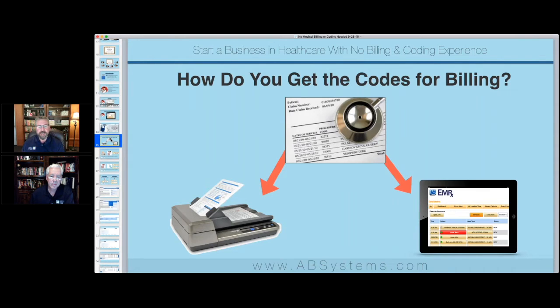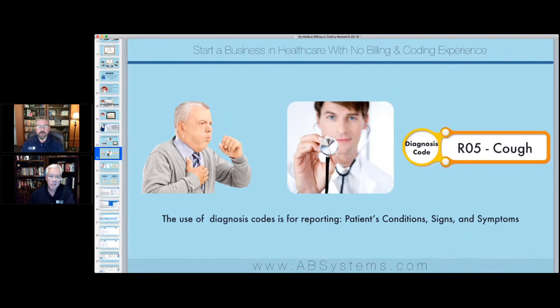So let's see what a doctor would do. Let's first say that a patient's coming in to see the doctor, and they've got a cough. The doctor is going to do their examination, and after they get through with their examination, what they're going to say is, this patient has a cough. Well, you can see right there, there is that code, an R05.